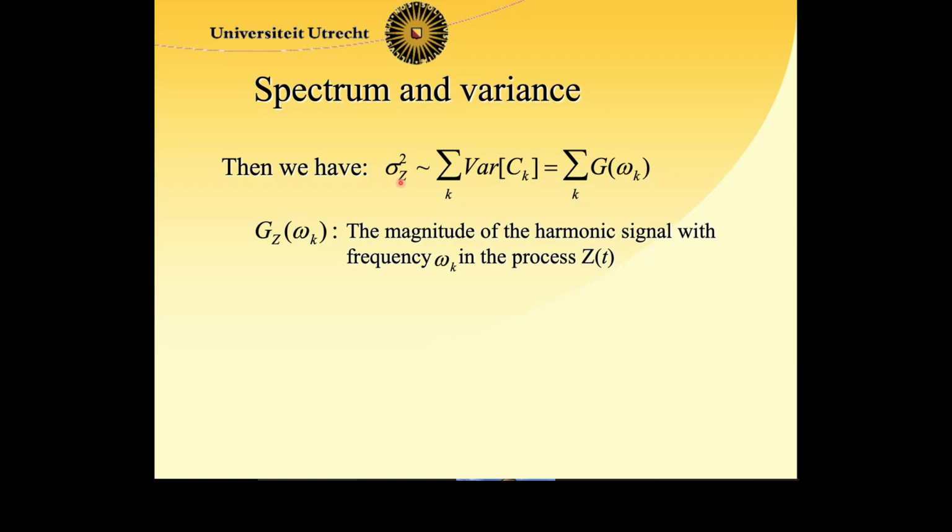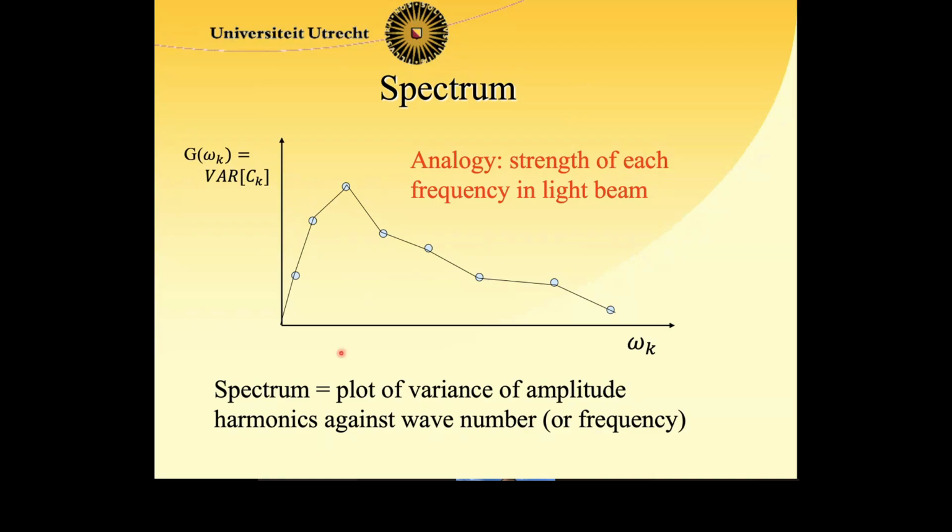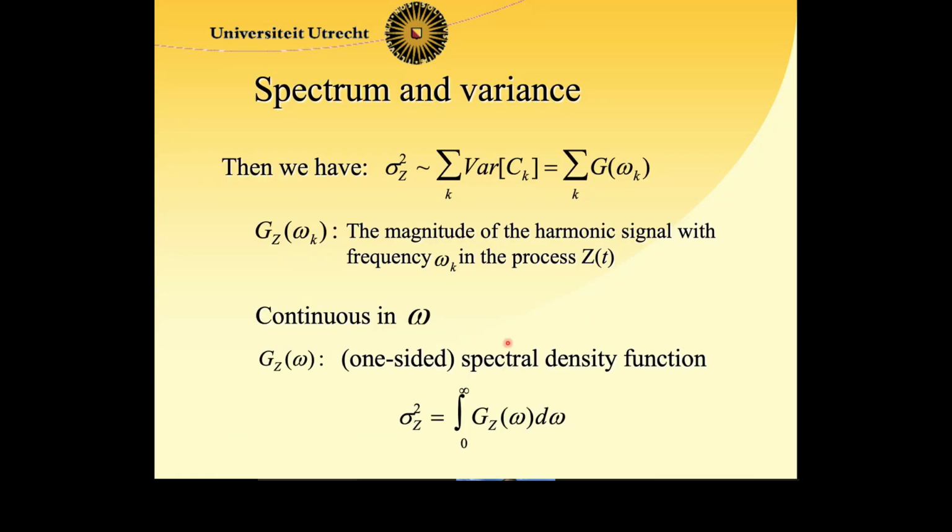This is for the spectrum at a number of discrete points, but if we have a continuous spectrum, so we take not a finite number of wave numbers, but basically all the possible frequencies that we can have on the continuous line, then we get a spectrum that's continuous. And then if we take the area underneath this spectral density function, we get exactly the variance.